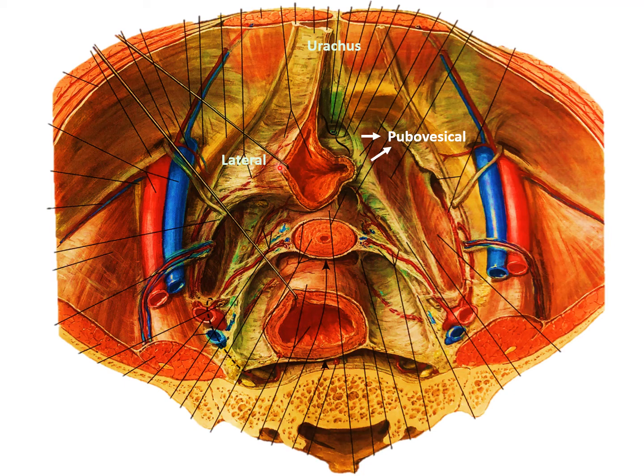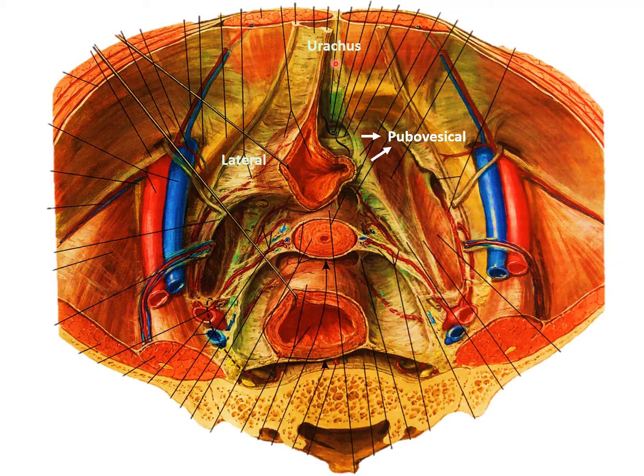Now the urinary bladder has certain ligaments attached to it. These ligaments are condensations of pelvic fascia. On the lower aspect, nearer to the pelvic diaphragm, are the pubovesical and the puboprostatic ligaments. So from the neck of the urinary bladder going towards the pubic bone, as well as towards the white line which is present on the levator ani, are the medial and the lateral pubovesical ligaments.